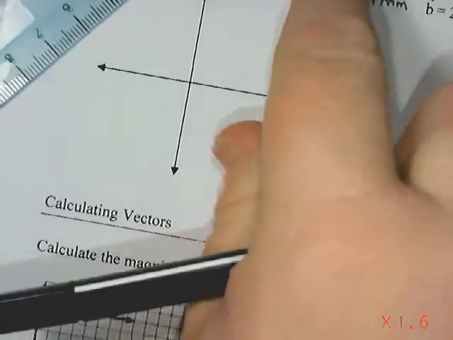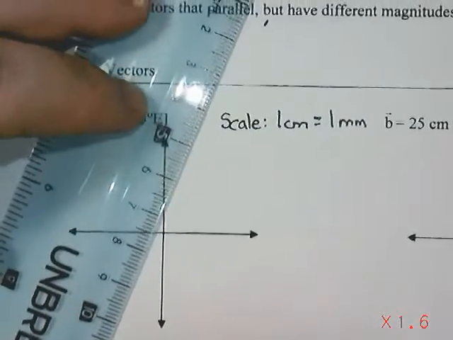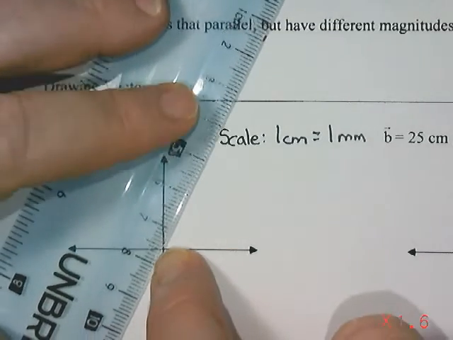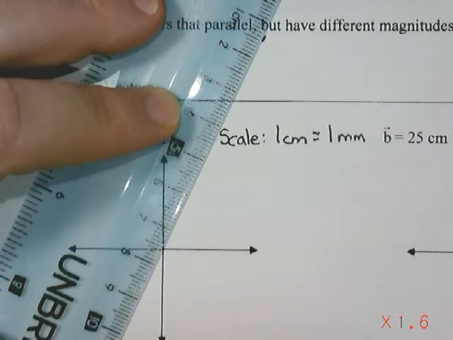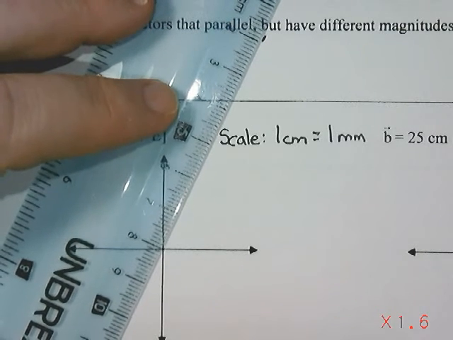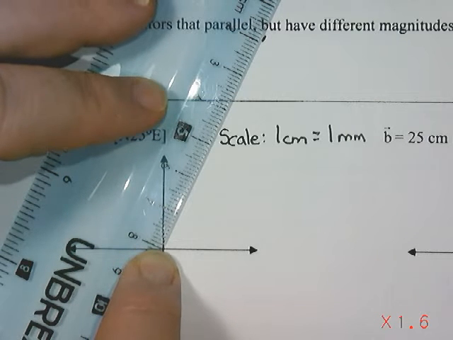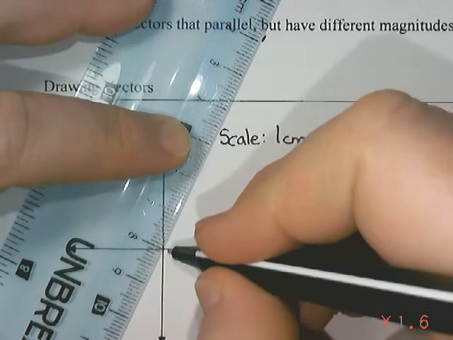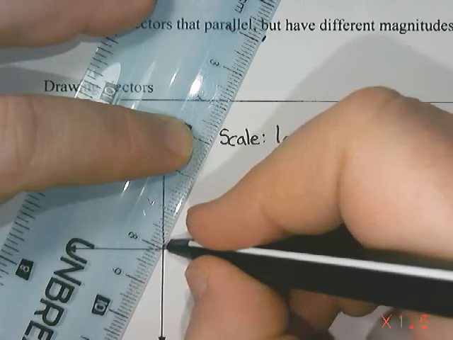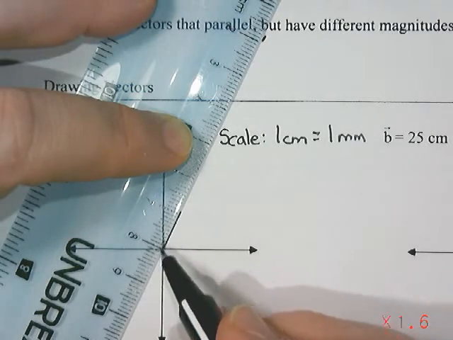So I'm going to take my ruler, line it up, oh, sorry, we're out of frame, with the center and that tick mark that I made, and I need to be able to draw 1 centimeter. So I'm going to adjust my ruler so that at least one of the measurement markings is right there at the origin, and then I'm going to draw it 10 millimeters long, which is basically 1 centimeter there.